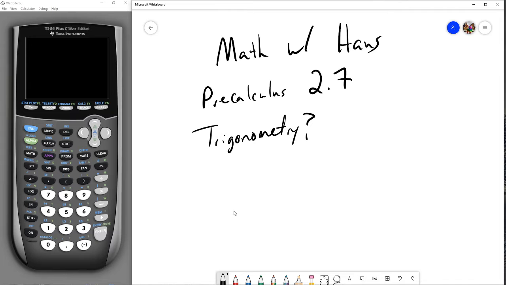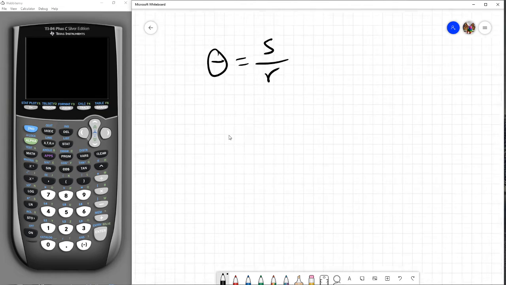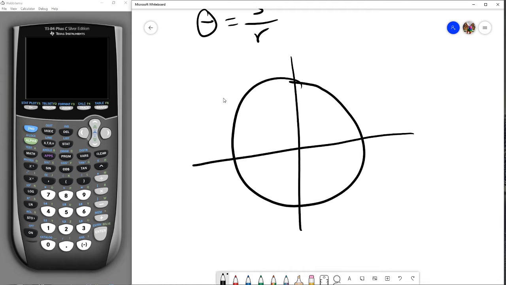So, a couple episodes back, we introduced the notion of finding a measurement of an angle using radians, and that was in terms of this ratio of the arc length divided by the radius. So let's go ahead and draw us a picture. So here's our circle, and here's our xy axis.